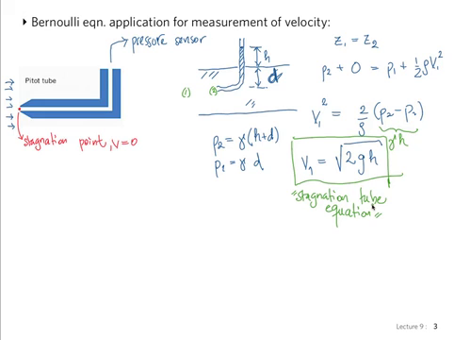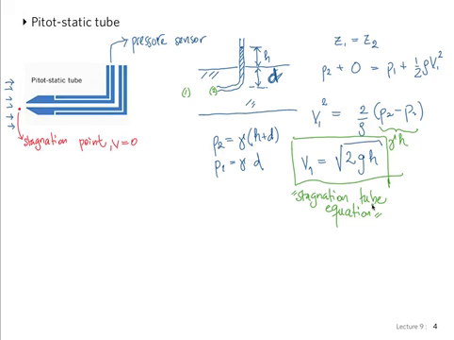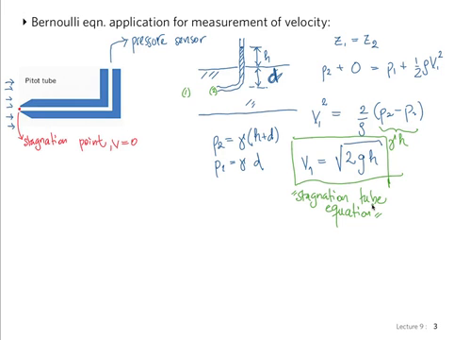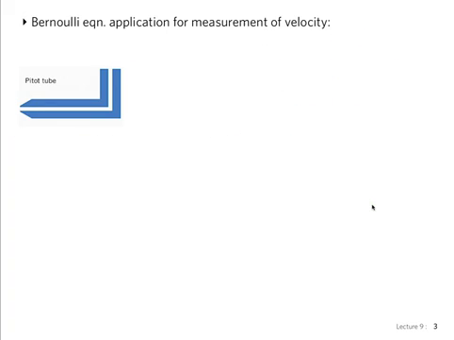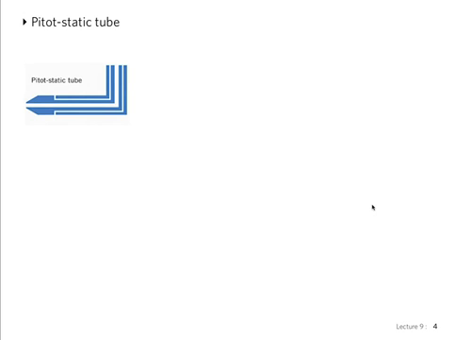So now we can have another device, similar to this. Look at that pitot tube now, and we're going to add another little opening, which is perpendicular to the flow, like shown here.